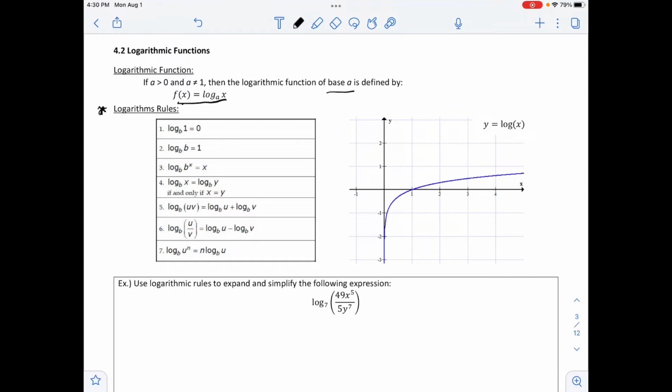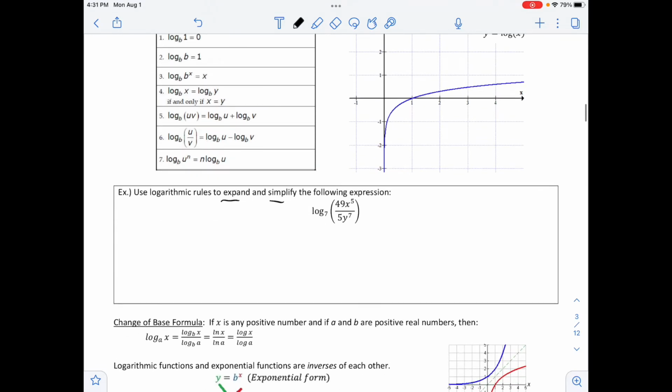The example right below says use the logarithmic rules to expand and simplify the following expression. And so we have log base 7 of 49x to the 5th over 5y to the 7th. So expanding this means we want to write it longer.